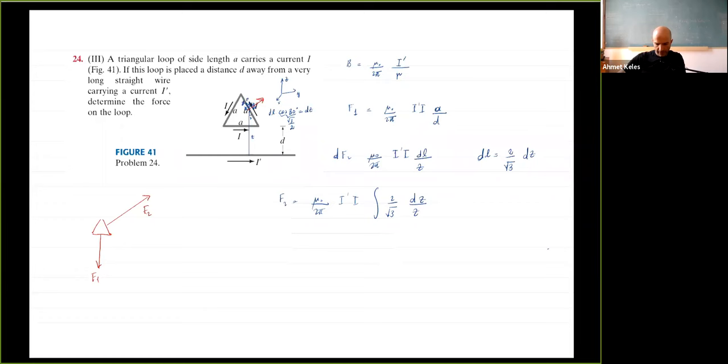Let's see if I missed anything. Seems correct. The limits of the integral go from d to d plus this perpendicular distance, which is square root of 3 over 2 times a, so d plus square root of 3 times a over 2.